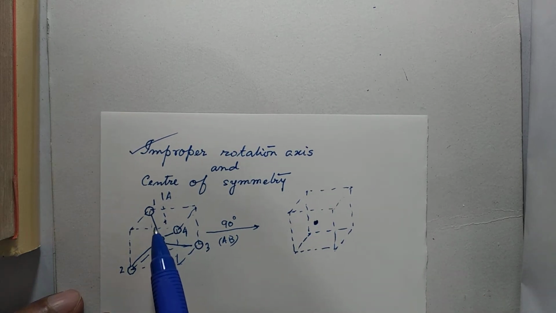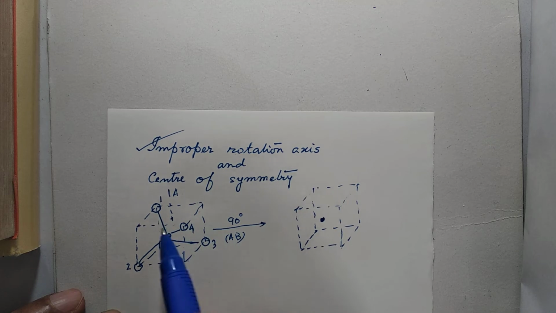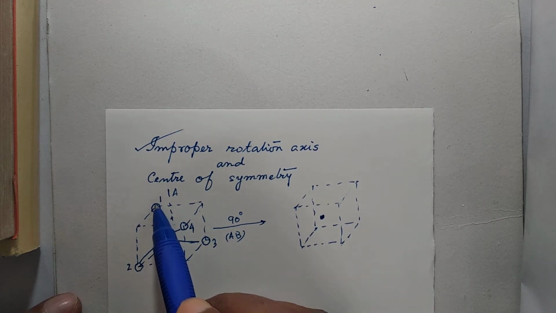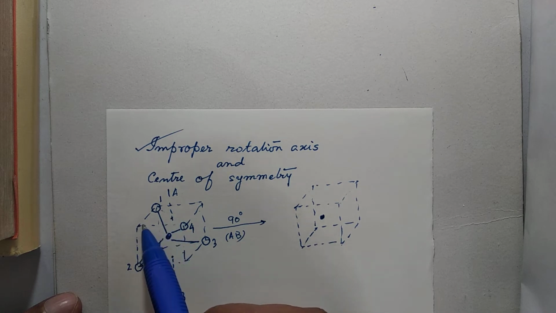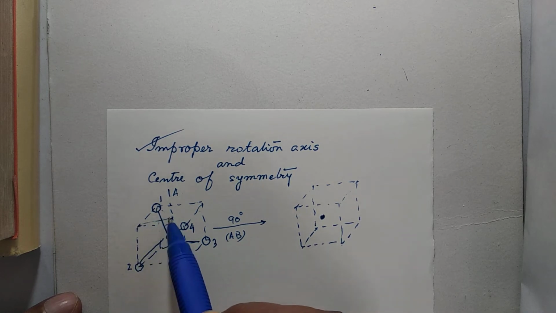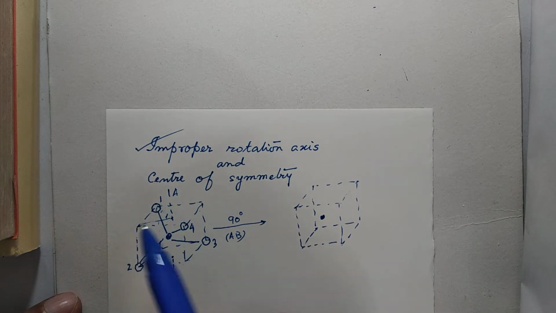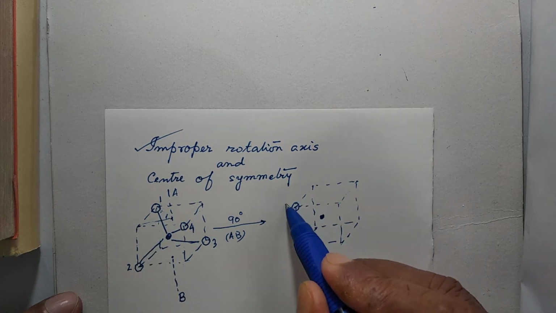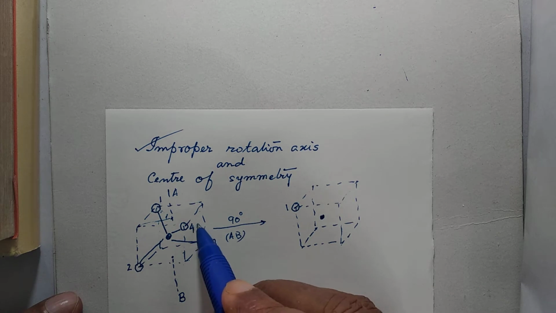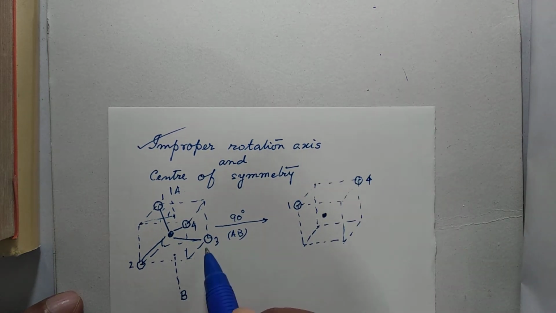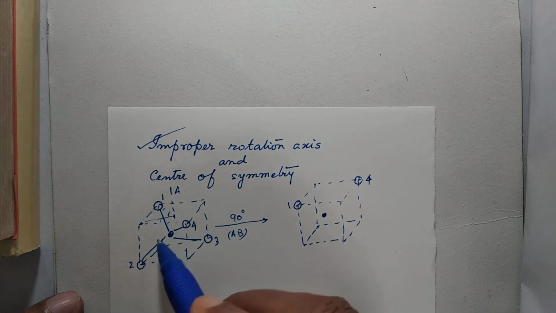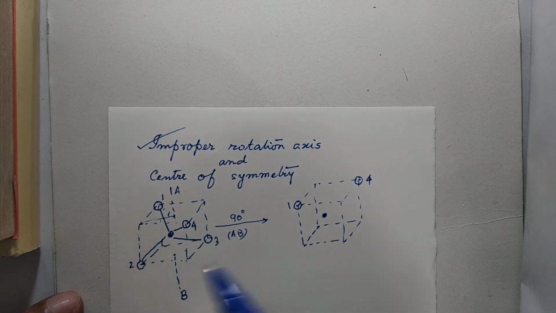Now by 90 degree rotation, 1 comes here, because this angle is 90. So 1 comes here, 4 goes to this position, 2 comes here.